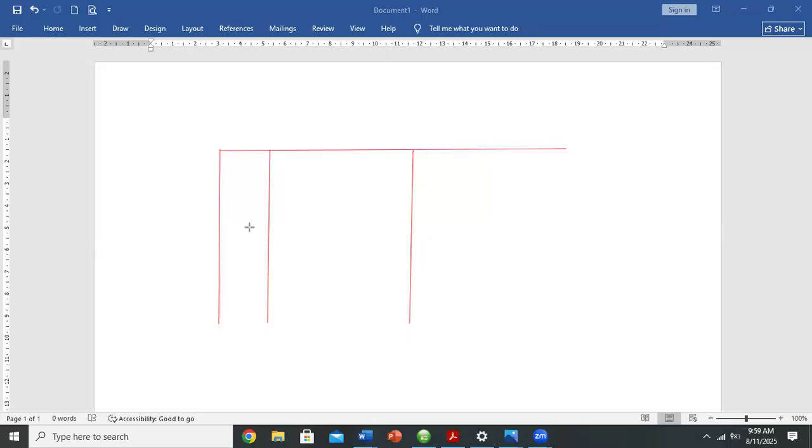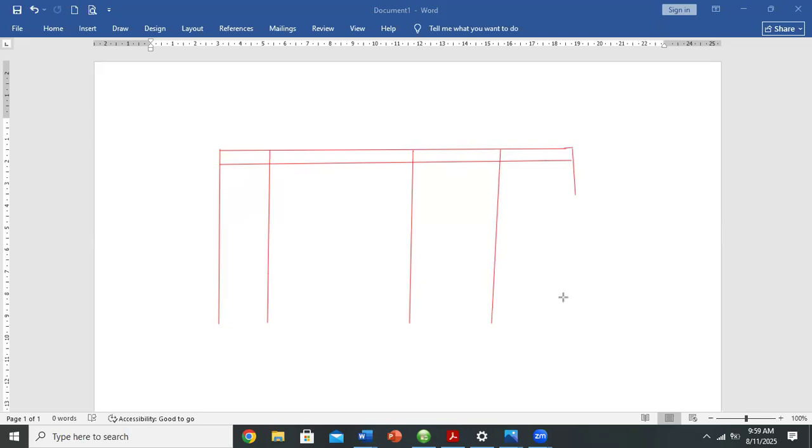So after the date, we have the details or the particulars. Then we have the invoice number and folio. Then after that, we have another important column, which is the details. And finally, the amount column.